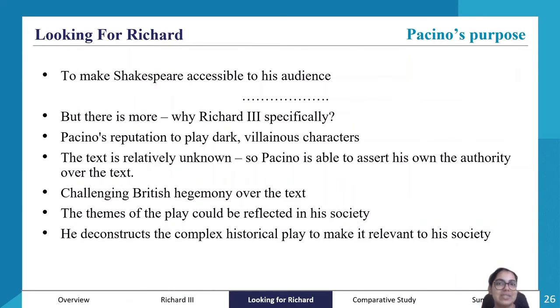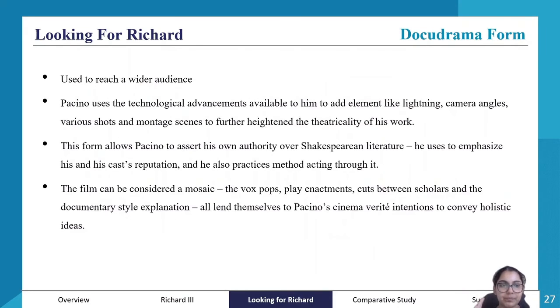So it's not a ruler versus a ruler, it's the people. It's a lowly soldier killing the king. So there's a big difference in that. And so that's in terms of Pacino's purpose, how he makes it relevant to his society.